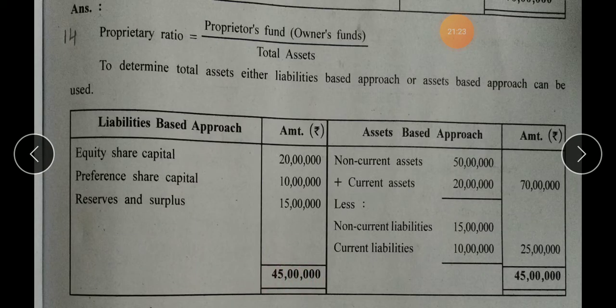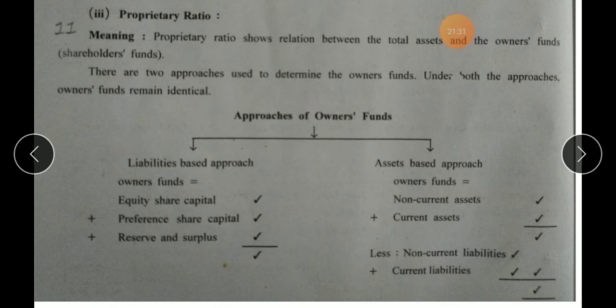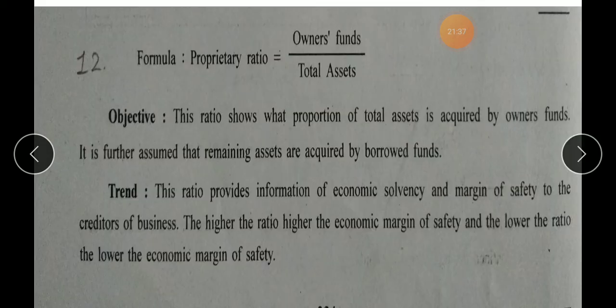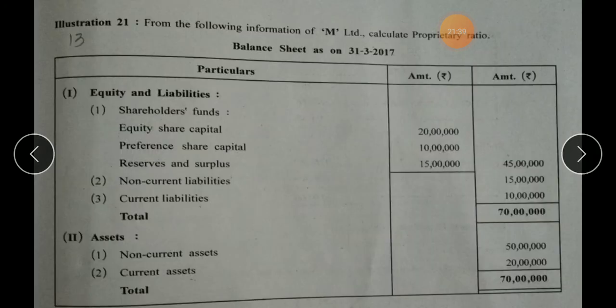Yes. And if you want to find out owner's fund with the assets based approach, the formula is explained here. You need total assets and total liabilities. The information for that is given here. Non-current assets 50 lakh, current assets 20 lakh.